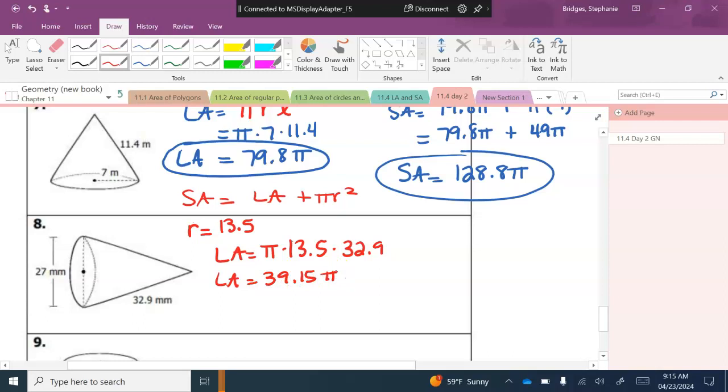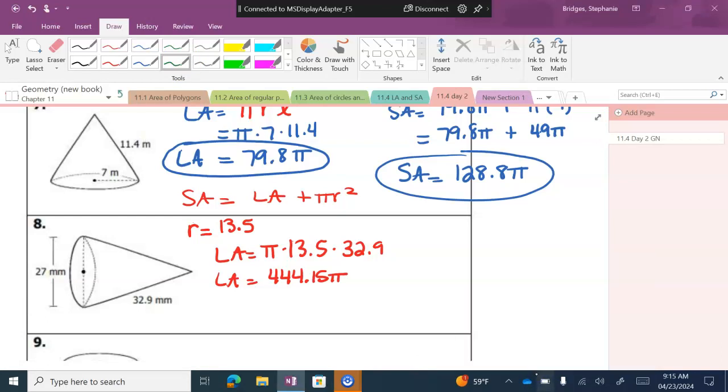Nope, that pushed the wrong buttons. Let me try that one more time. How about 444.15? Okay, 13.5 times 32.9. And again, we just keep the pi symbol.